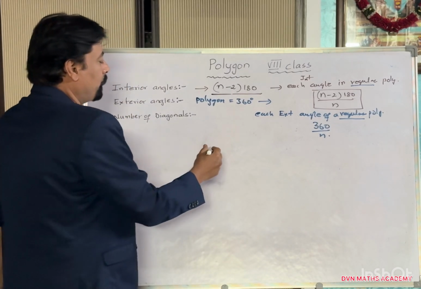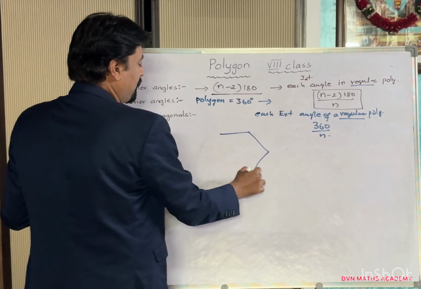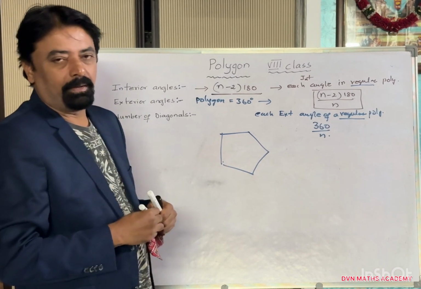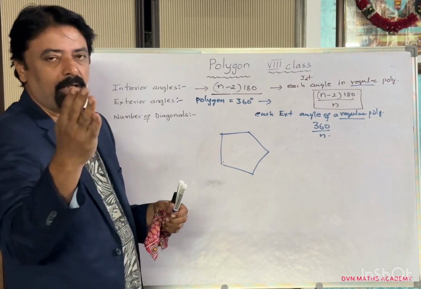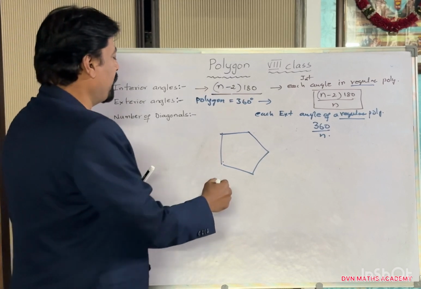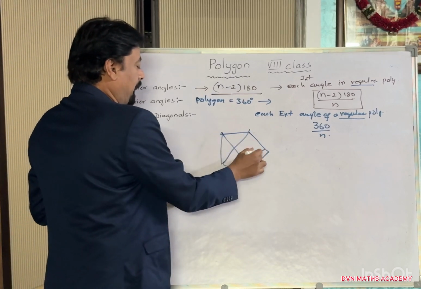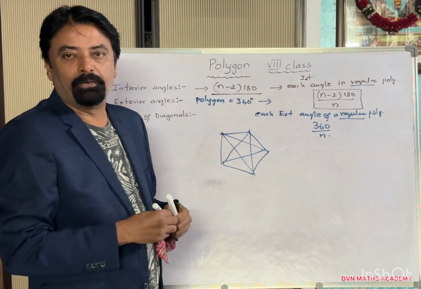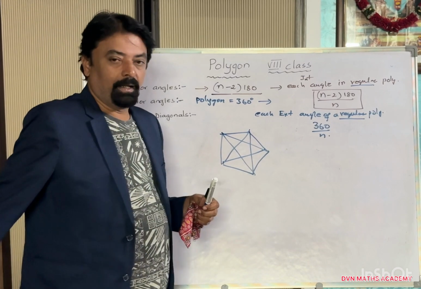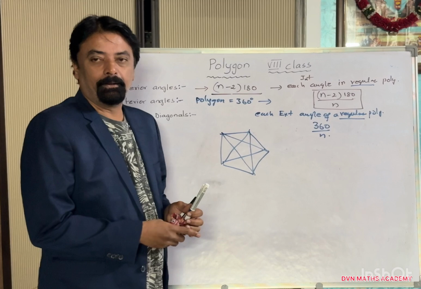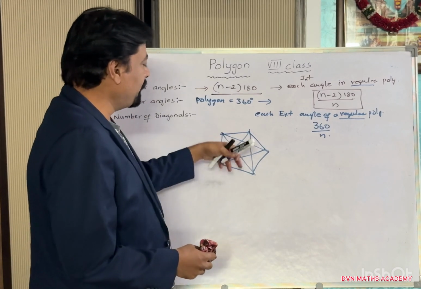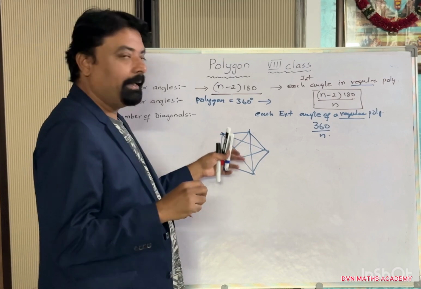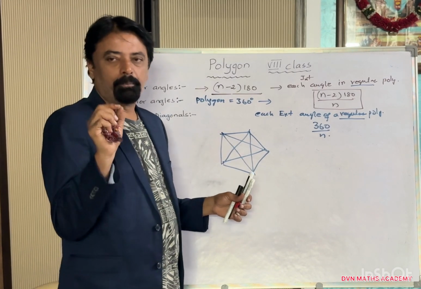Now I am going to tell you one important concept. For example, this is a pentagon. So how many diagonals can we draw? Diagonal means joining the opposite vertices. So if I join like this, like this, we can draw different diagonals for a pentagon. But by drawing like this, we cannot easily find the number of diagonals in a polygon.